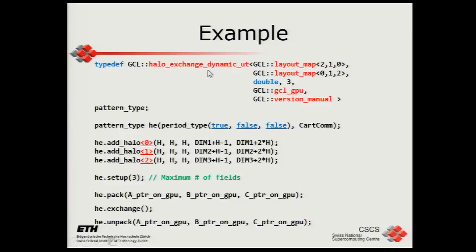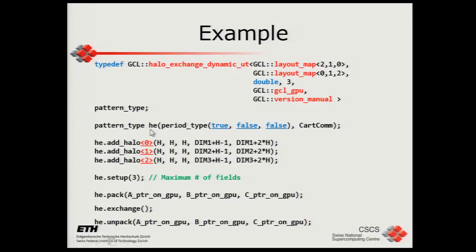In this case, the name is not really important. We specify the layout in the storage, the layout of the computing grid, so we can also deal with different orientations of our computing grid, the element type, the number of dimensions, where the data is, which is in the GPU, and how to pack and unpack data. This is what we're going to talk about later.